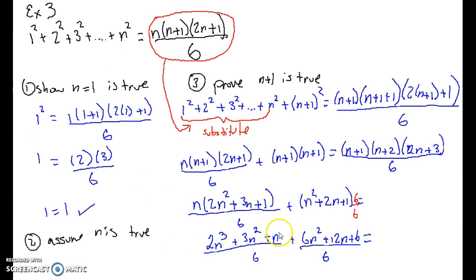So if I do that, this will become 2n cubed plus 9n squared plus 13n plus 6 all over 6, right? Because 3 plus 6 gives us our 9n squared, 1 plus 12 gives us our 13n, and so forth. And so now you might have forgotten how to factor a polynomial of the third degree.